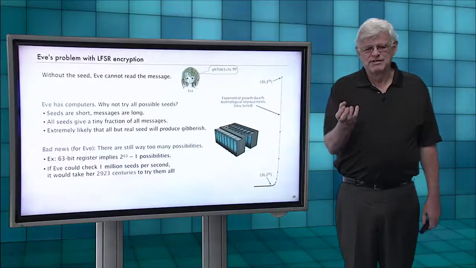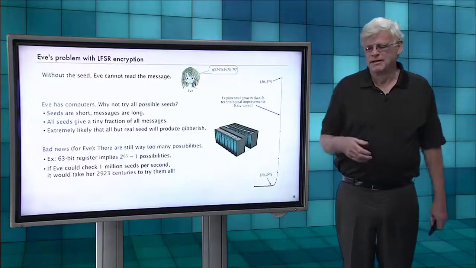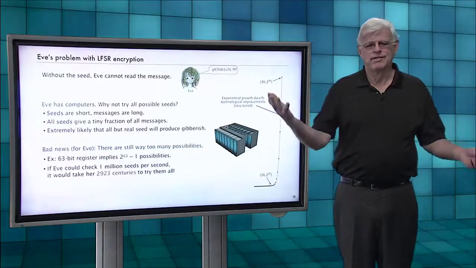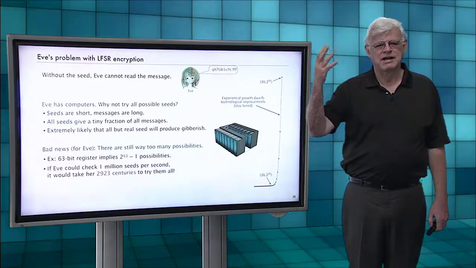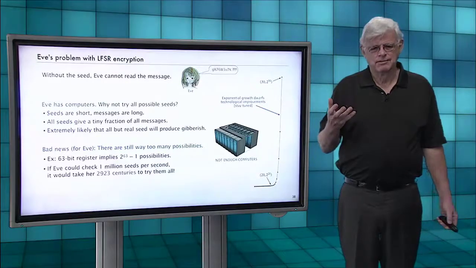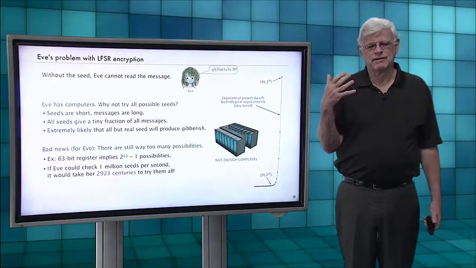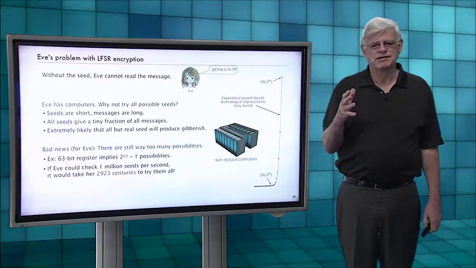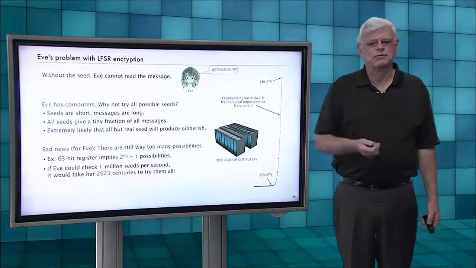And 63 bits is a tiny, tiny amount. Alice and Bob could go to a 128-bit register or a 1,000-bit register and get an impossibly hard task for Eve. Just not enough computers. And we come back to this idea of exponential growth. It's an extremely important concept in understanding what's really possible with computers.